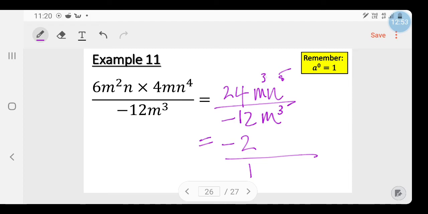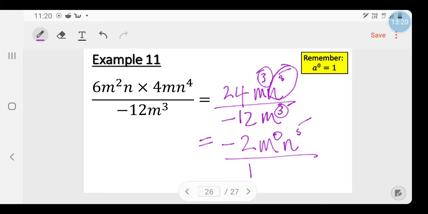Now, m cubed on the top and m cubed on the bottom. So when the base appears on the top and the bottom, you write it once on the top, and the power is this minus this. 3 minus 3, there we go, 0. And the n to the 5, there are no other n's anywhere, so that just stays put.